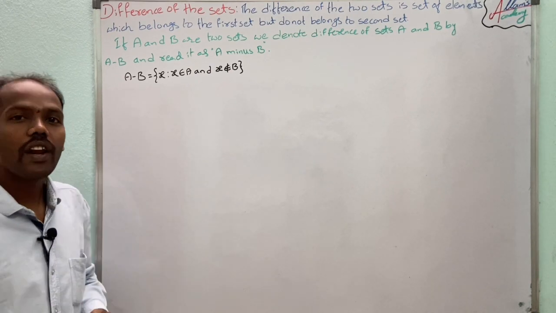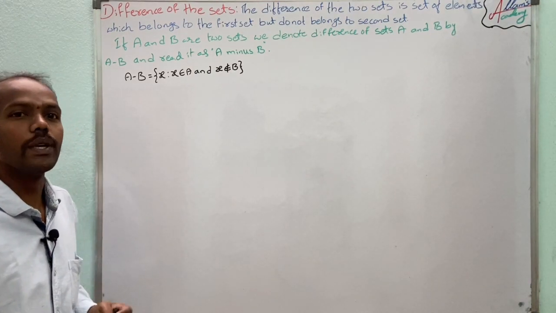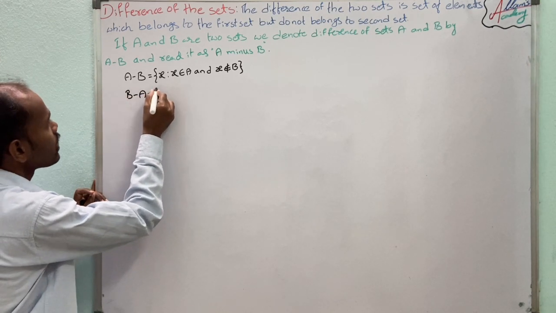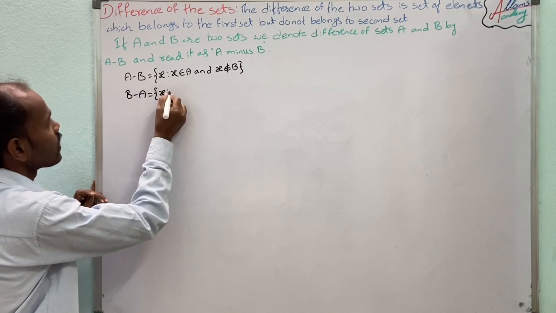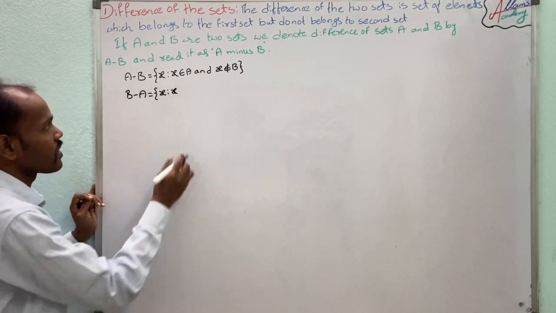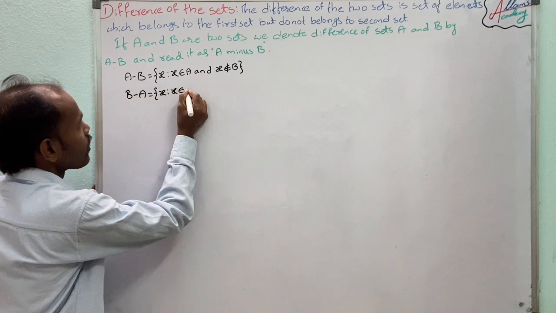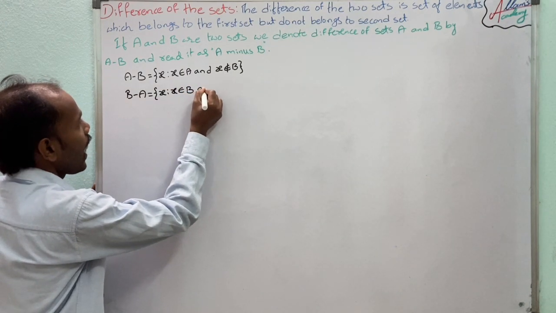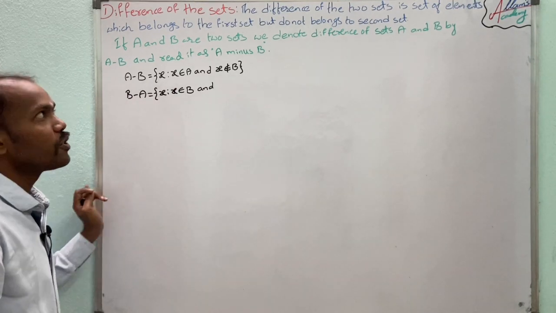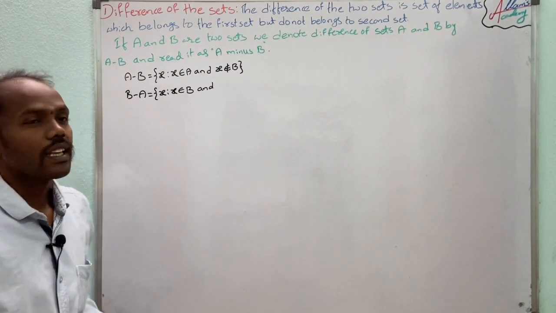If we want to write the set builder form of B minus A, then the element belongs to the first set. Here, what is the first set? The set B is the first set. So x belongs to B, and the second set, the element does not belong to it.